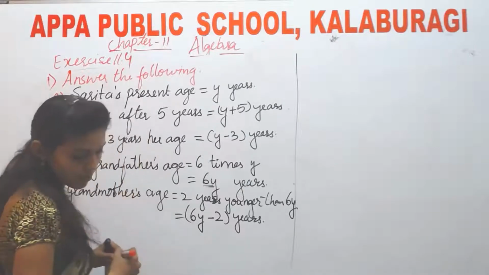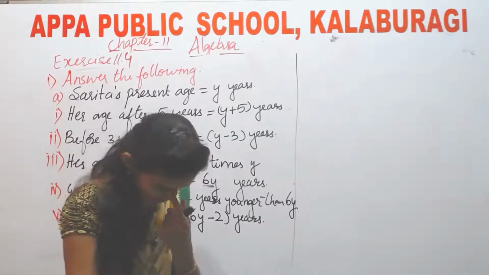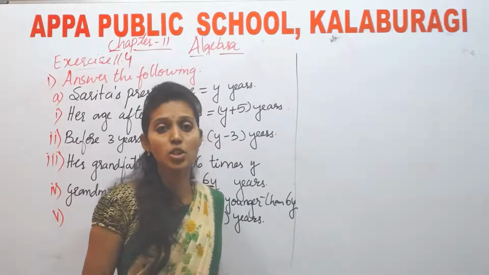Then fifth one. Sarita's father's age is 5 years more than 3 times Sarita's age.